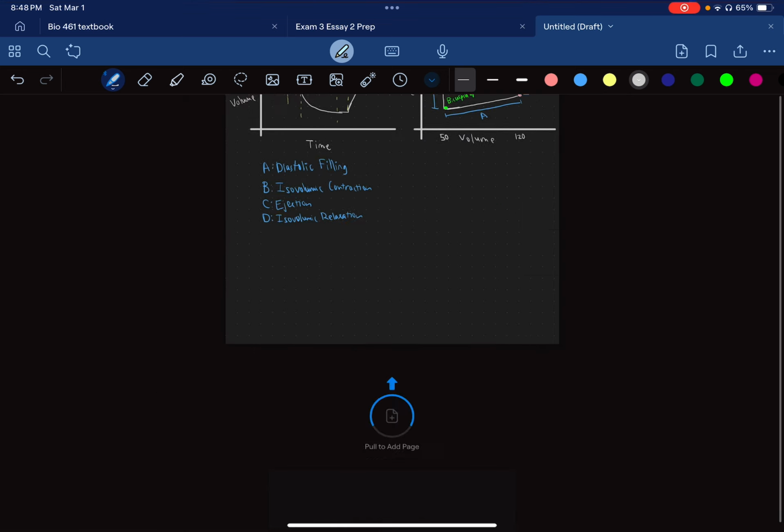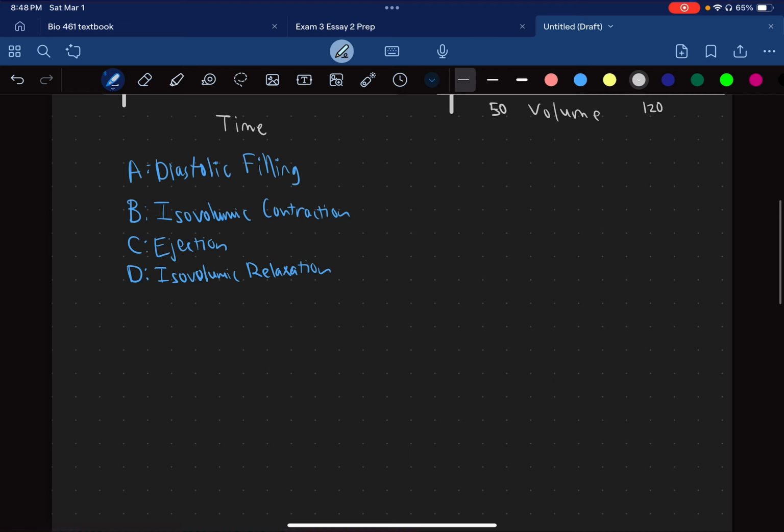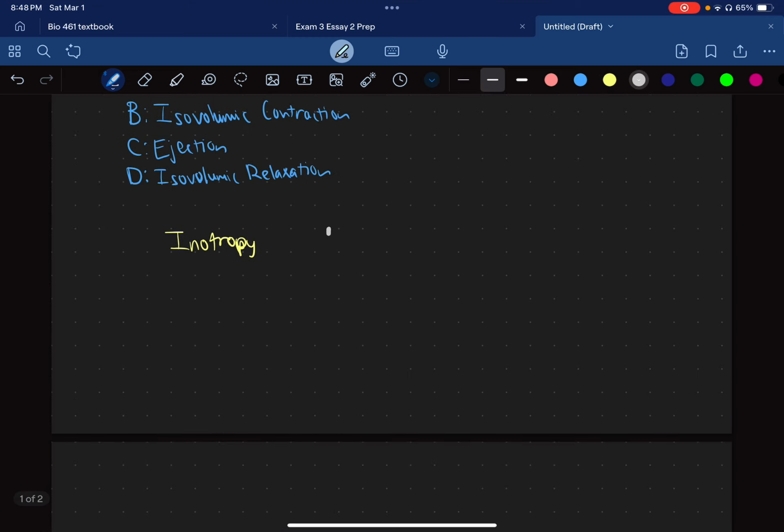Something called inotropy, which is the intensity of the heartbeat or the contractility of the heart. So how intensely the contraction happens. So if we draw another one of these graphs over here, and then we do like a control, increasing, boom.